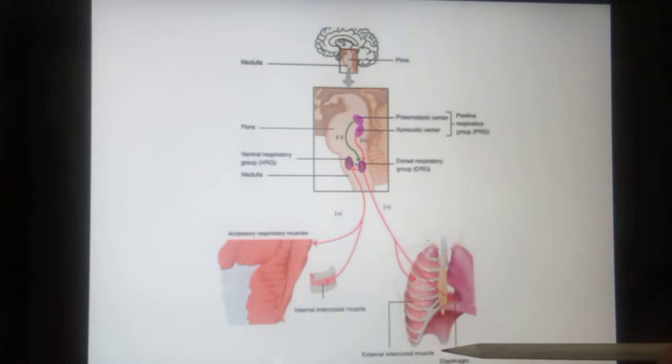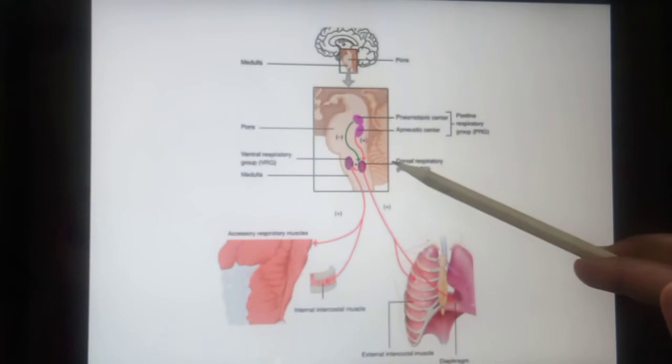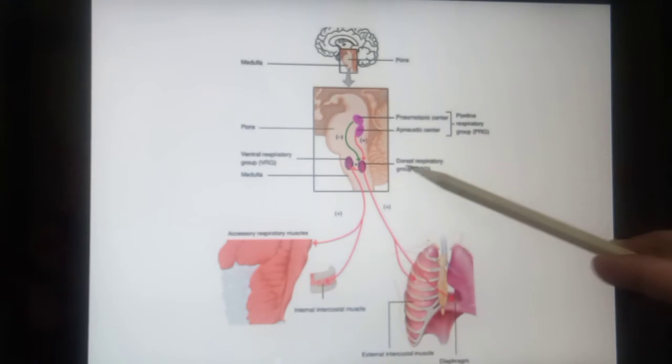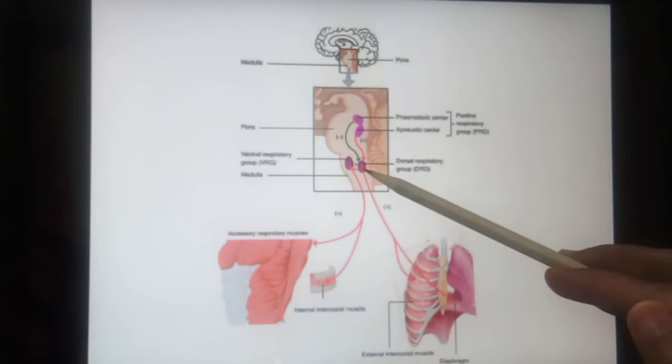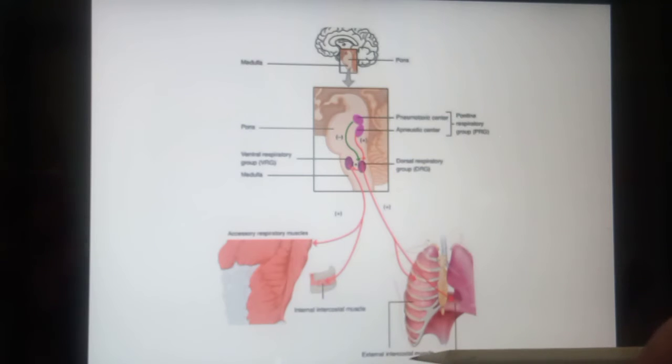In the last lecture I told you how inspiration is done. Just two muscles are responsible for inspiration and expiration. What are they? The diaphragm and the external intercostal muscles. From the DRG, the dorsal respiratory group, some neurons are responsible for the contraction of the external intercostal muscles and the diaphragm.